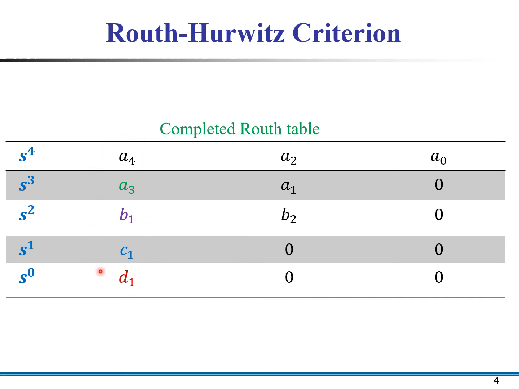It is possible the system can be marginally stable in this case. If there are 4 sign changes, this means 4 poles are in the right half S plane. If there are 3 sign changes, this means that 3 poles are in the right half S plane and 1 pole in the left half S plane. If there are 2 sign changes, so in this particular example, there will be 2 poles in the right half S plane and 2 poles will be in the left half S plane.